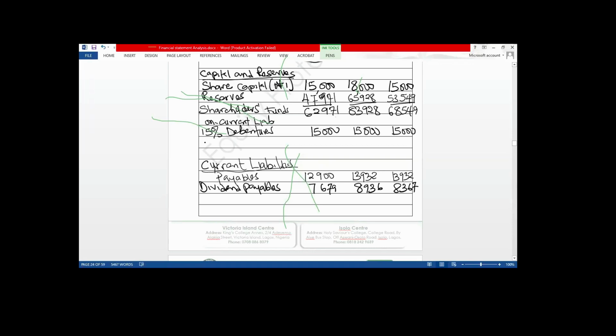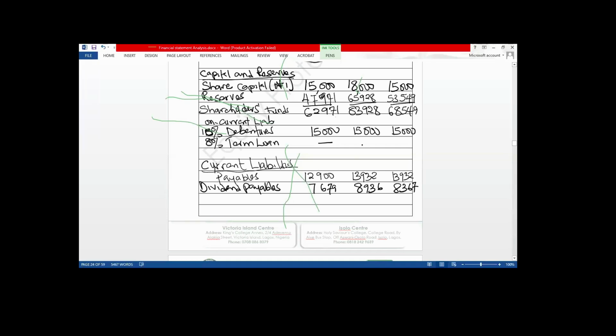In 2018, we have, oh, this is 10%, not 15%. We have an 8% term loan. This will not affect 2017 because this term loan happened in 2018.